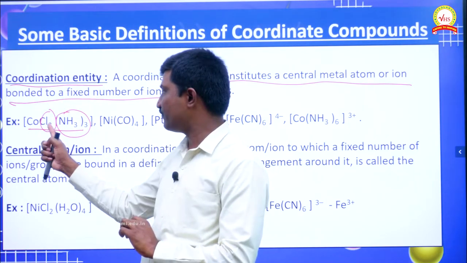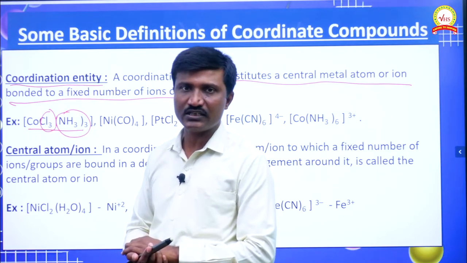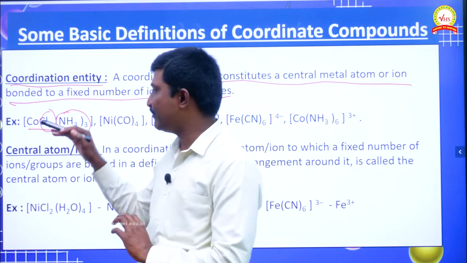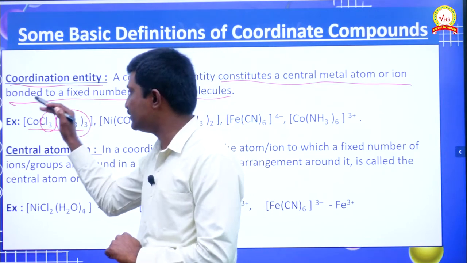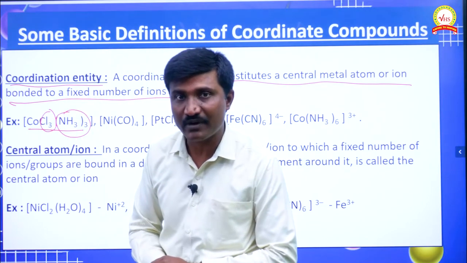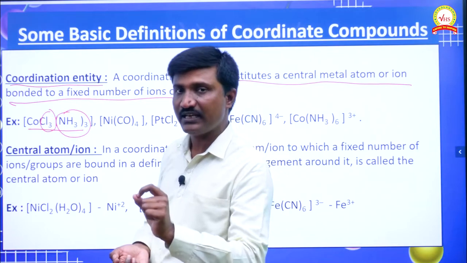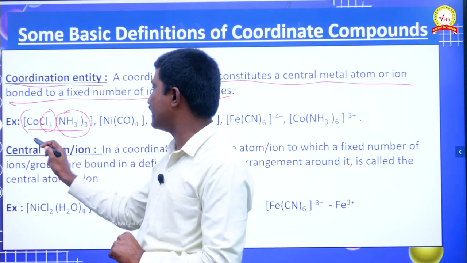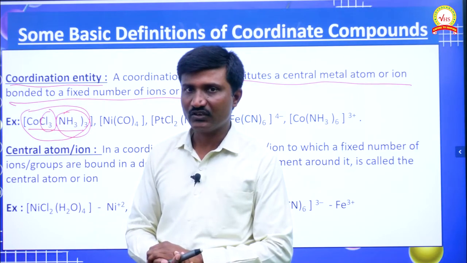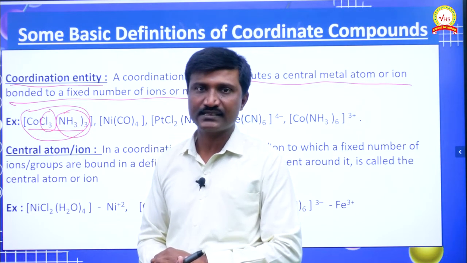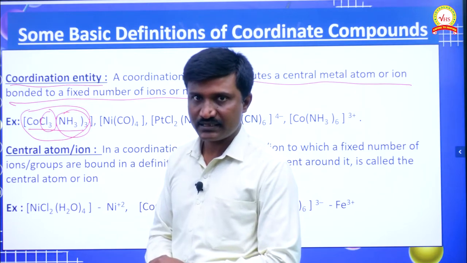So a fixed number of chlorides and a fixed number of ammonia molecules bind. That fixed number of ions or molecules bound to the central metal atom, together, we call a coordination entity.